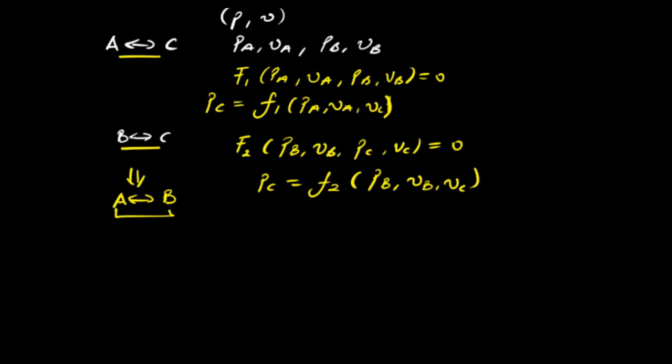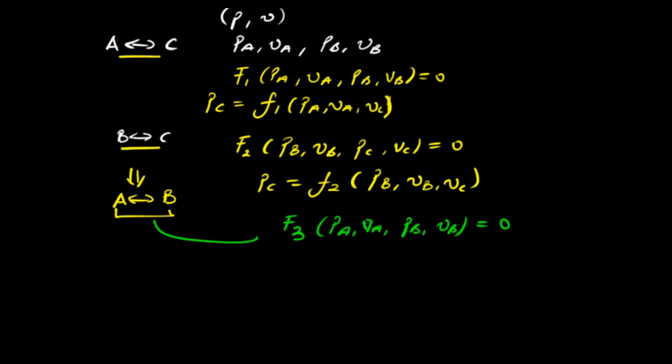If A and B are in thermal equilibrium, we can again write a relation between their properties of state, and this will be, let's say, f3, a function of PA, VA, PB and VB, equal to 0. That means there's a relationship between the pressures and volumes of systems A and B.